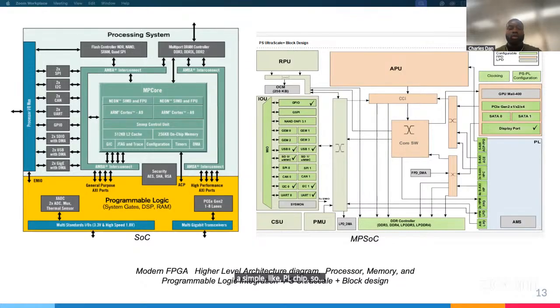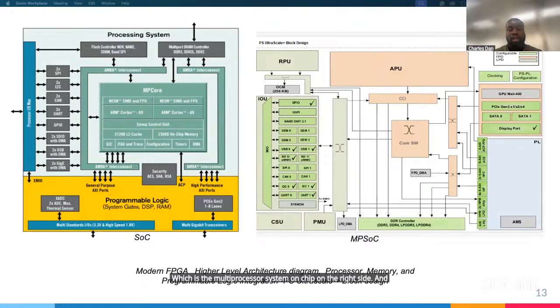On the left side, the two of them are Xilinx devices that basically represent the evolution. So we have the Zynq SoC on the left side, and then the MPSoC, which is the multiprocessor system on chip, on the right side.